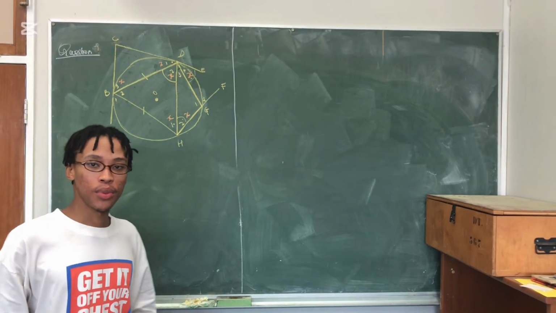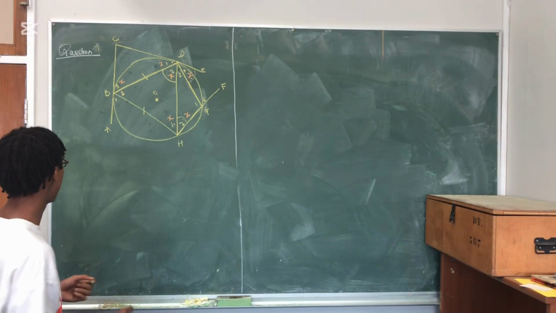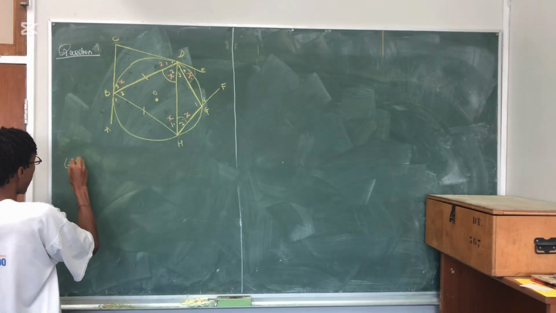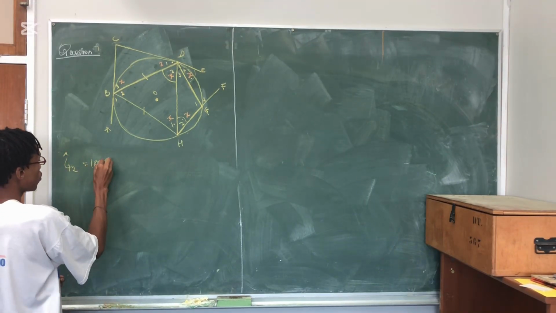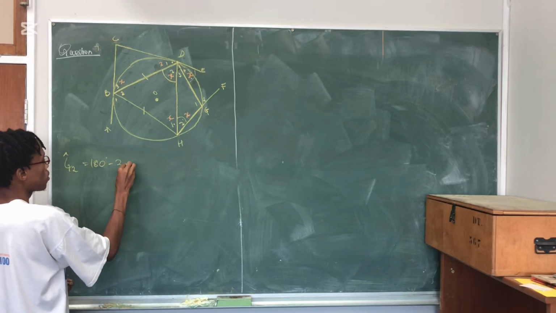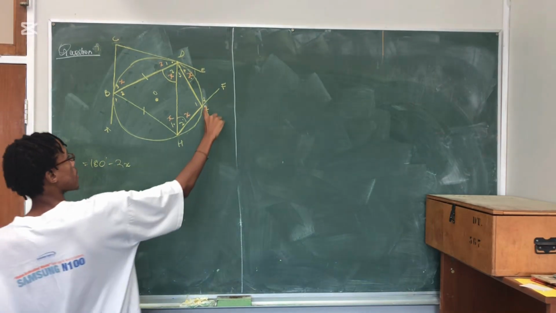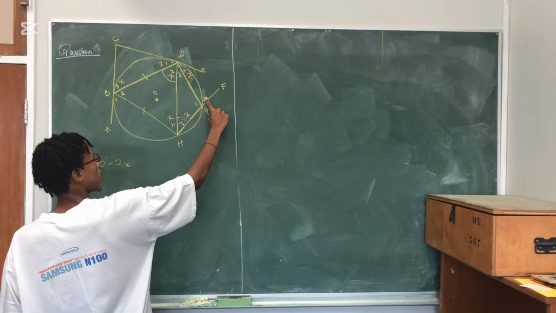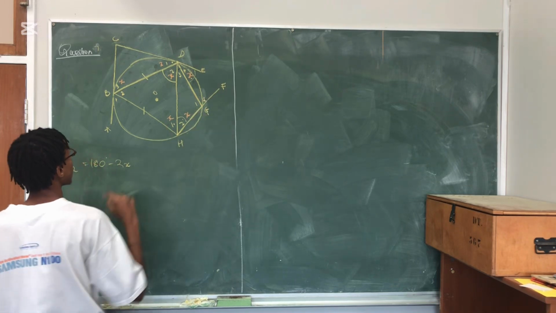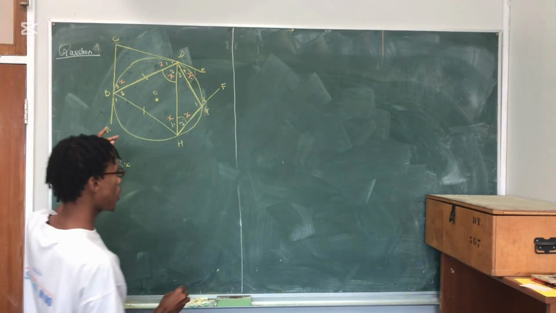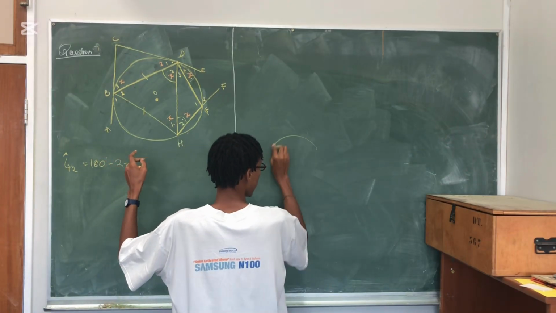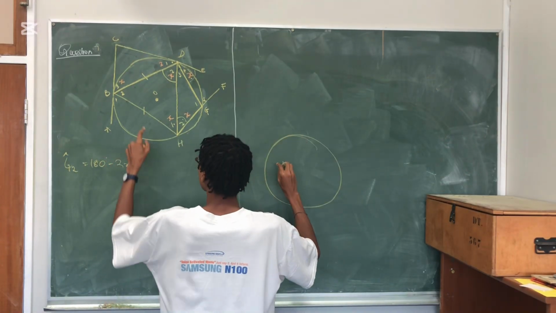In the final question, we're asked to prove that angle G2 is equal to 180 degrees minus 2x. This angle is equal to 180 degrees minus 2x. Let's try to isolate this quadrilateral to make things clearer.